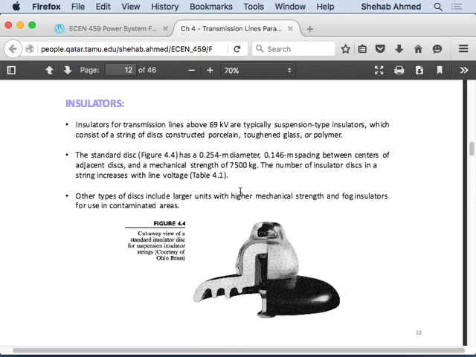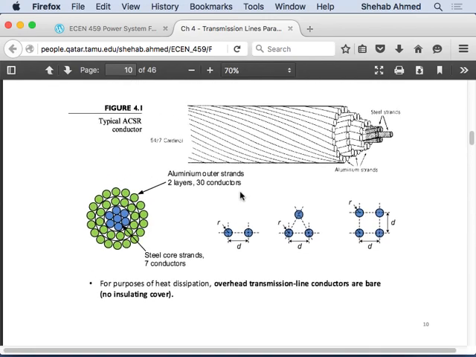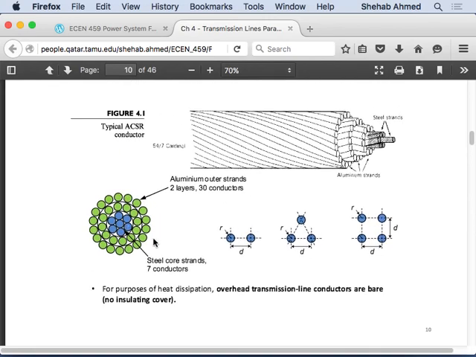So we mentioned that the workhorse of the transmission line conductoring industry is what? The ACSR conductor. It's the aluminum conductor, steel reinforced, which has a steel core and these aluminum electrical conducting strands around it.